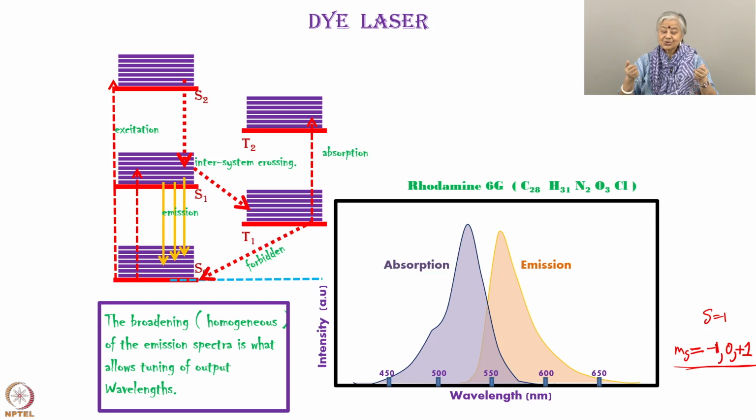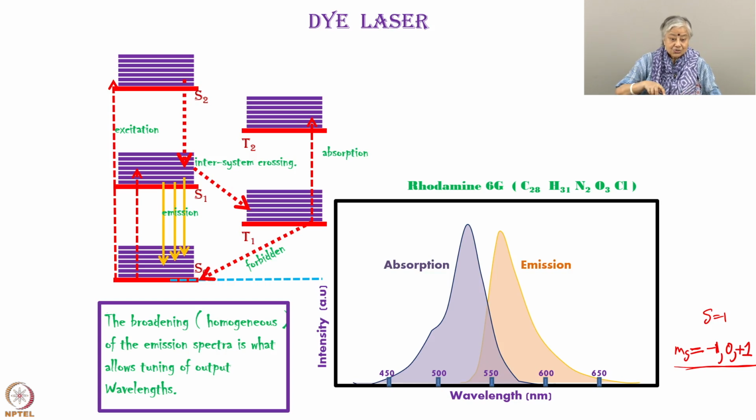The dye emission, which may be the fluorescent emission or the lasing emission, I am talking about the fluorescent emission for the moment, is all homogeneously broadened. It is because of the collisional broadening, which gives rise to the homogeneous broadening in the dye.